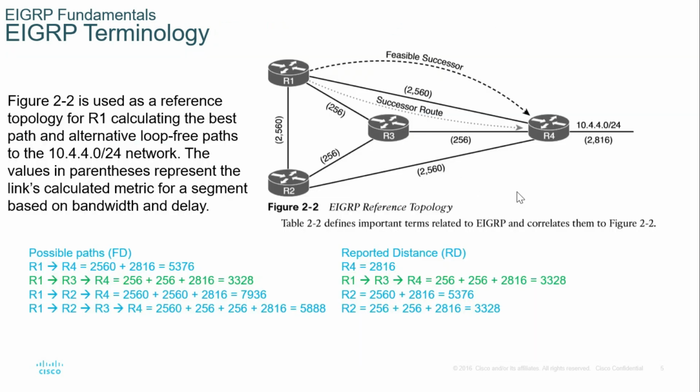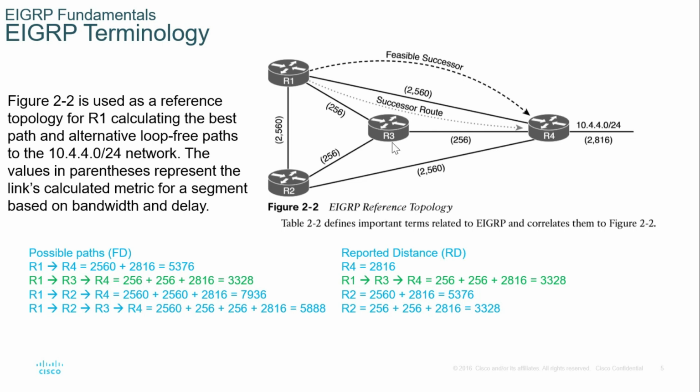So apa maksudnya feasible distance calculated locally? This is the feasible distance calculated at R1. This is the reported distance received at R1 from all the neighbours. So, daripada R1, bila dia terima reported distance daripada R4 for this path, it will be 2816.